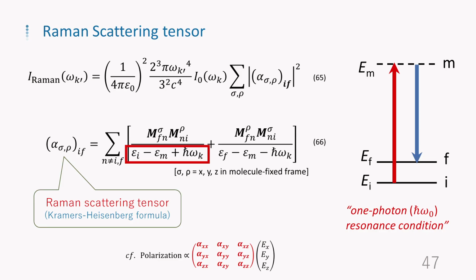And rho and sigma correspond to xyz, xyz, totally 3 by 3. It explains 9 components, actually not independent, but 9 components. So this is the same form as the polarizability tensor. This is another way of writing the Raman scattering tensor, the Raman scattering intensity.